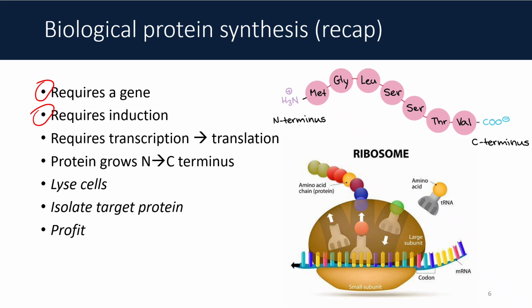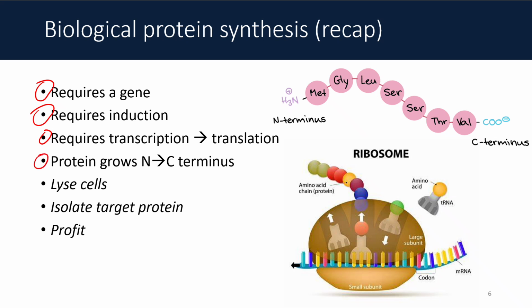This is a molecule that will tell the cell to transcribe that gene that you added in. So RNA polymerase will then come in and make an RNA transcript of that gene. The cell will process the RNA transcript. It will deliver that messenger RNA molecule to a ribosome, where it will then be translated.